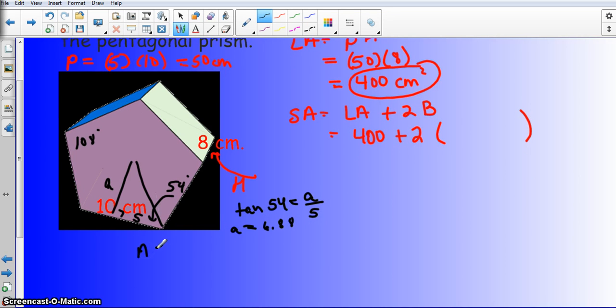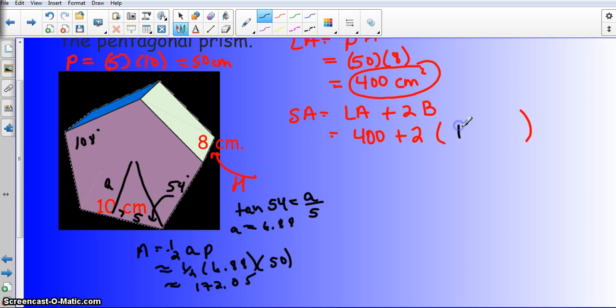So the area is 1/2 AP. So 1/2 times about 6.88, it's in my calculator, times a perimeter, which we found at 50. So using my calculator, I'm going to take the 6.88 times 50 times 1/2, and I get about 172.05. That is my base area.